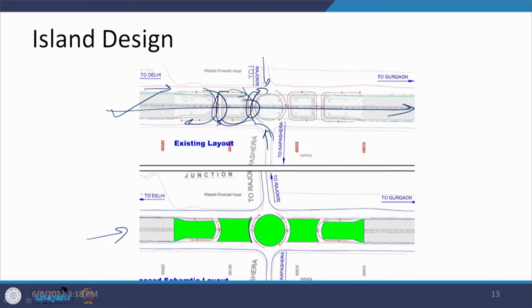So, what is being done is that this is an improvement plan, where the design has been made such that the U-turn is provided in these directions, but if there is a continuous circular movement here, that is provided all along this particular rotary or the circle.